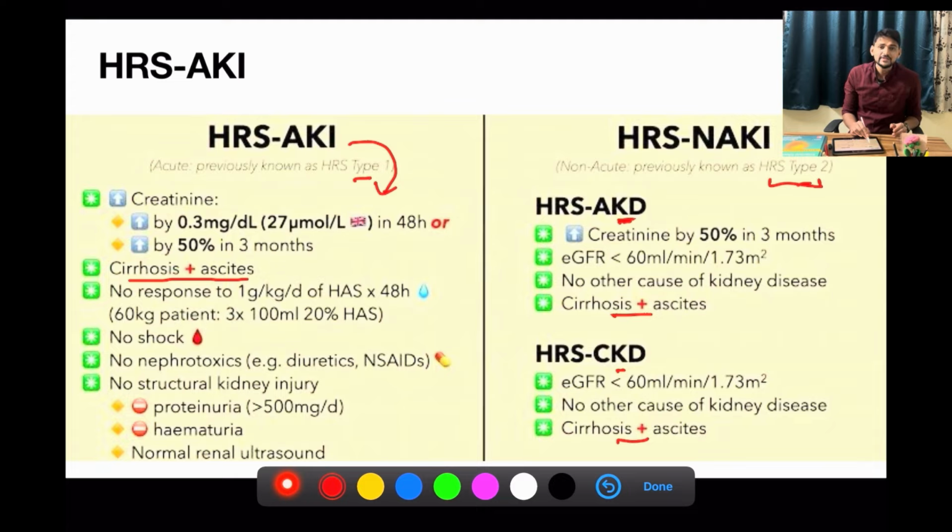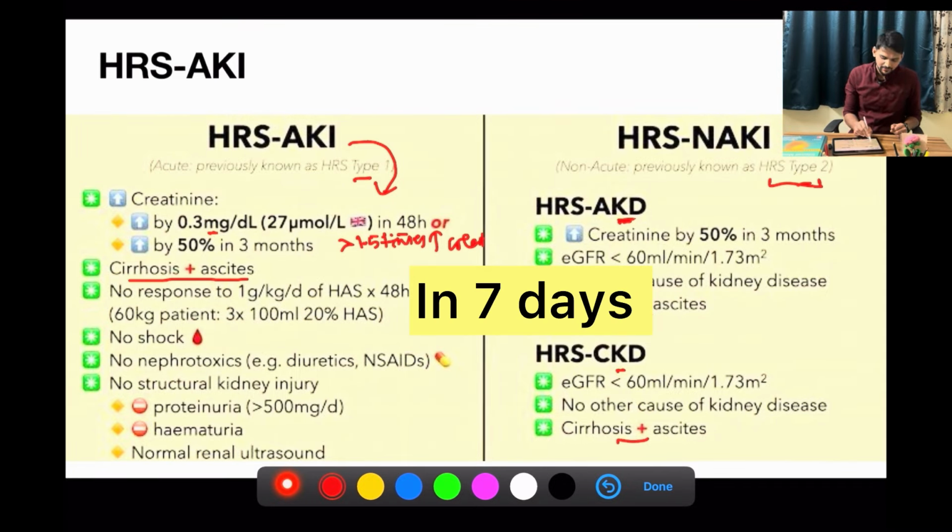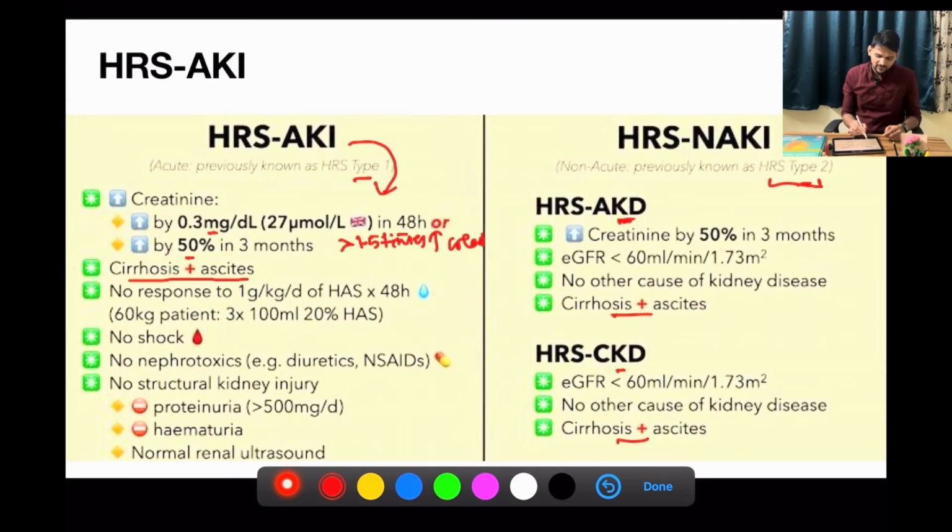Suppose there is an increase in the baseline creatinine by 0.3 milligram per deciliter in 48 hours, or if there is more than 1.5 times increase in the creatinine, that is nothing but by about 50%, we have to consider possibility of HRS AKI. It is just like the usual acute kidney injury criteria. But the thing is, the individual should have cirrhosis plus ascites.